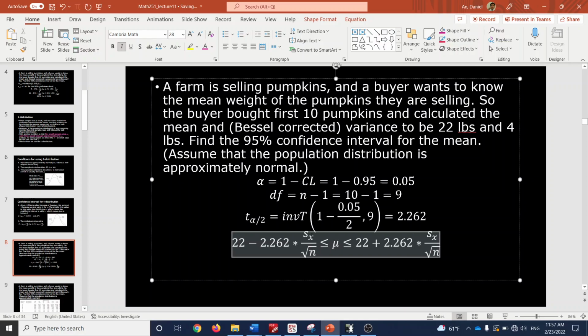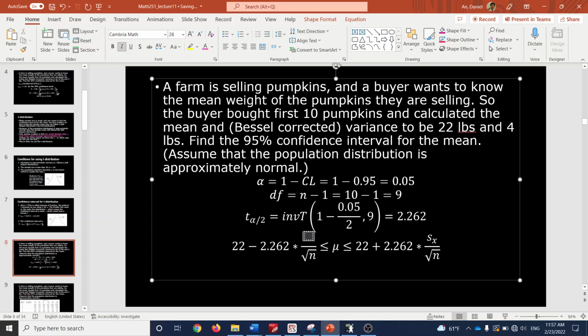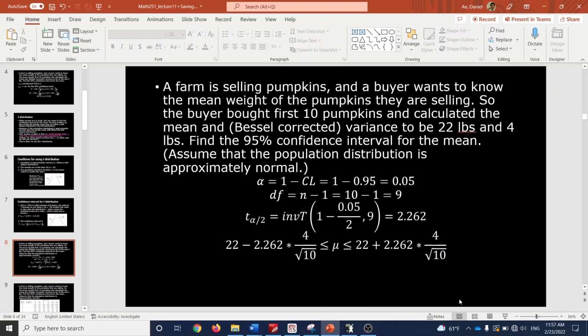And sample standard deviation is 4. Put that as 4 here. And square root of n is square root of 10. Okay, so let's do this. I'm going to calculate 2.262 times 4 over square root of n and add and subtract it from 22.